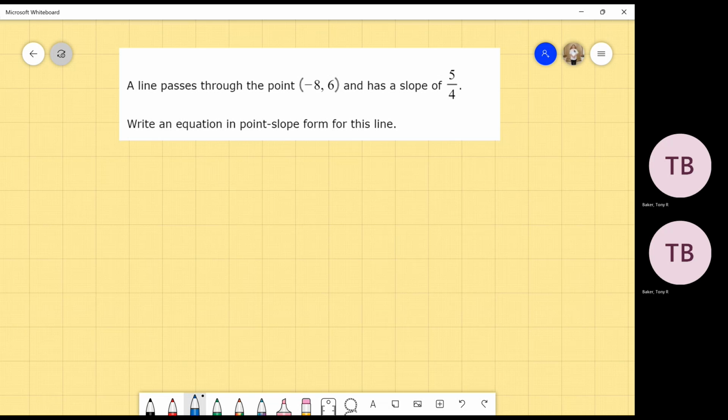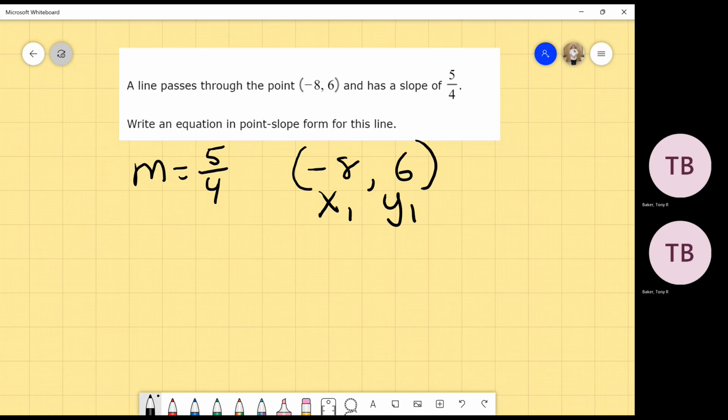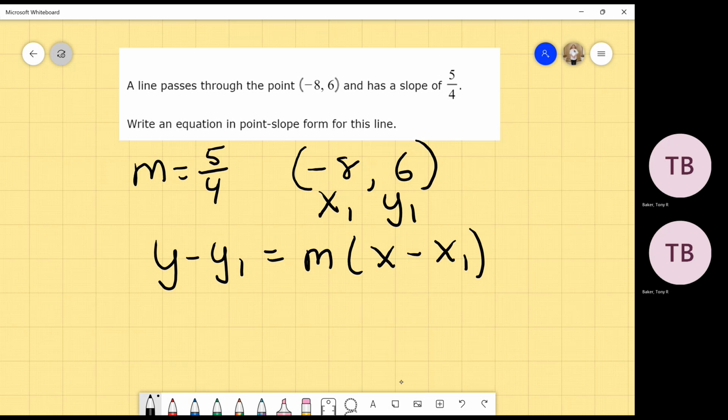All right, so my m is 5/4. My point is x1, y1. So y minus y1 equals m times x minus x1. So I have y minus 6 equals 5/4 times x minus a -8.